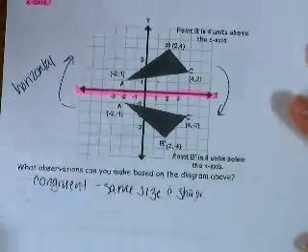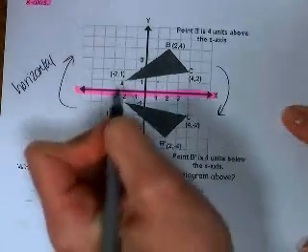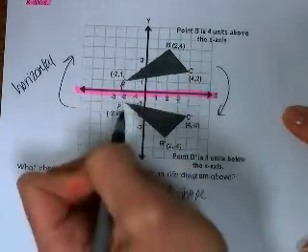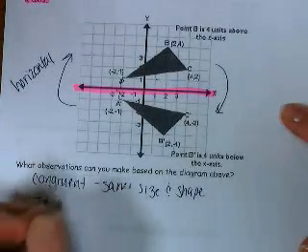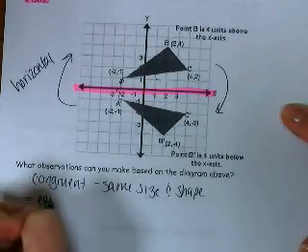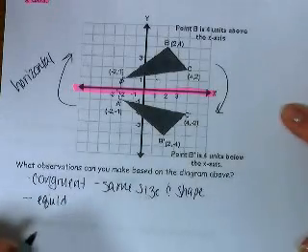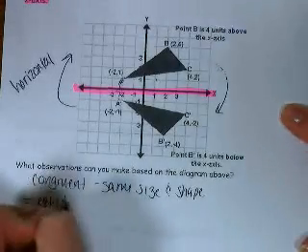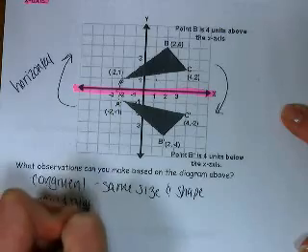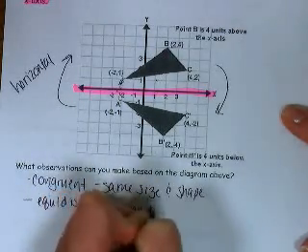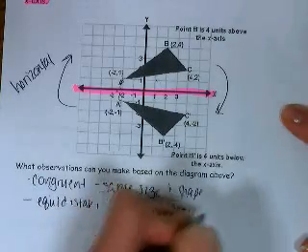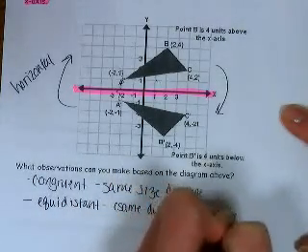Another thing that stands out to me is that if I look at A, which is here at -2, 1, and A prime, I notice that they're equidistant, or the same distance, from the line of reflection, which is the x-axis.